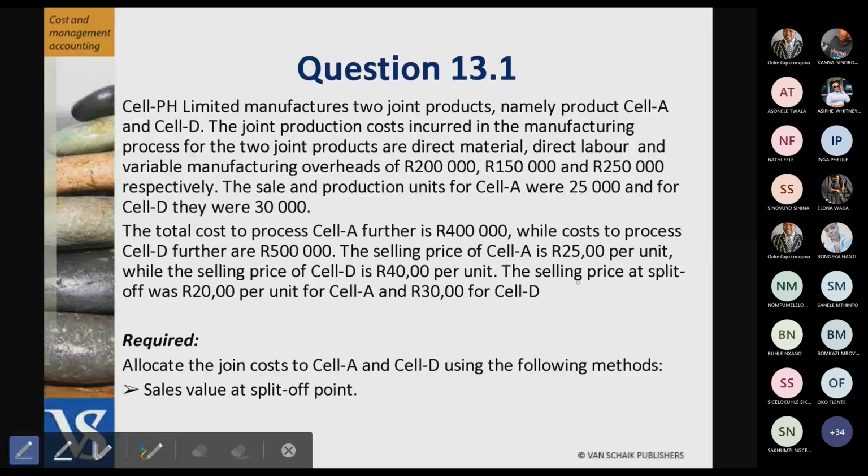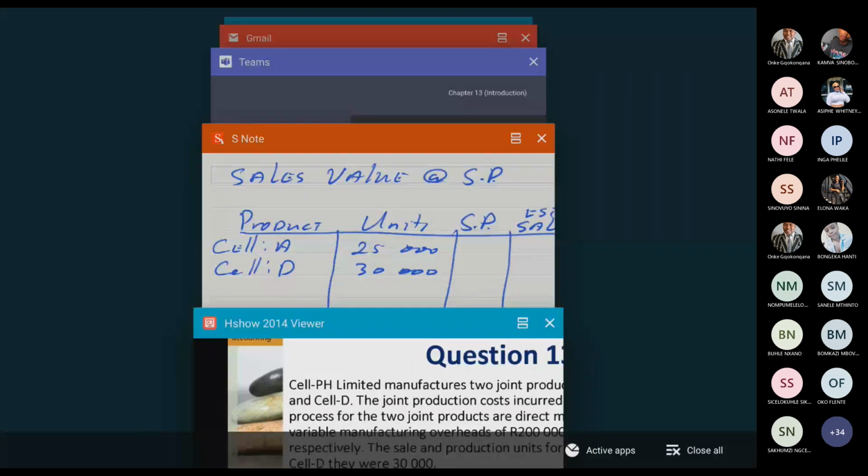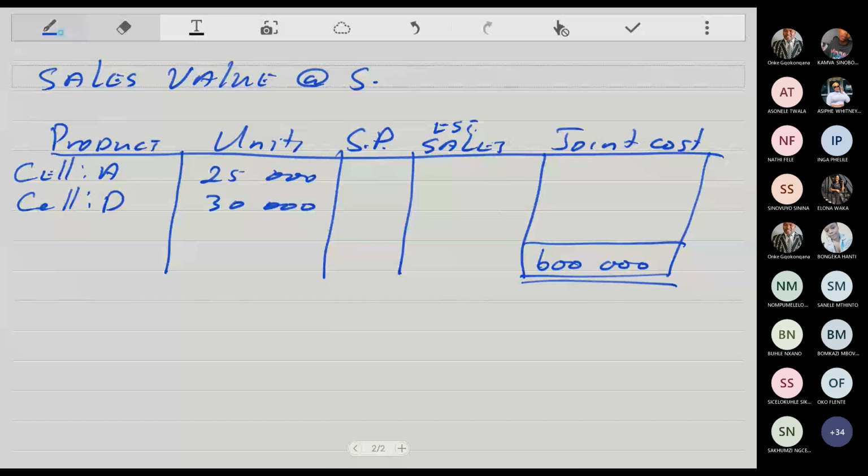But the selling price, this is what we're looking for, the selling price at split-off point, was 20 Rand for cell A and 30 Rand for cell D. I write SP here for split-off point. So we do know now it was 20 Rand and 30 Rand. That's our selling price.